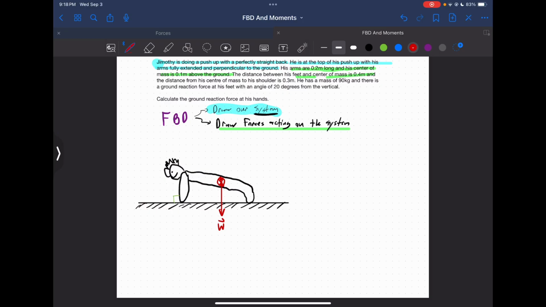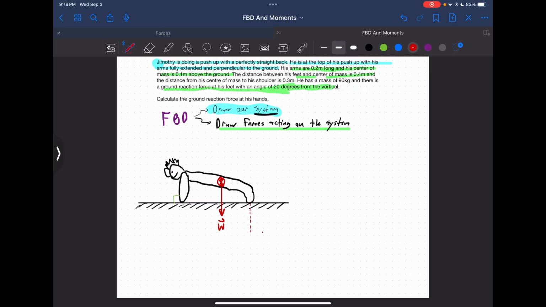So he has a mass of 90 kilograms, and there's a ground reaction force at his feet with an angle of 20 degrees from the vertical. Now, this question is not clear because technically, if I was to draw the vertical, is the force 20 degrees this way or this way? We're going to use our sense and say, when I'm doing a push-up, my feet tend to slide out this way.